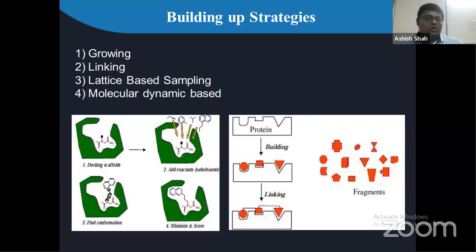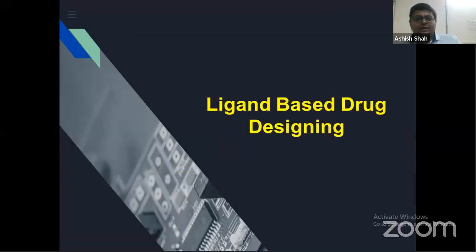Without the protein structure, you may not go with fragment-based drug design. So you sequentially build up and end up with one molecule which has a good binding affinity. This is known as fragment-based drug design, and the steps include growing, linking, then lattice-based sampling, and then molecular dynamics-based methods.